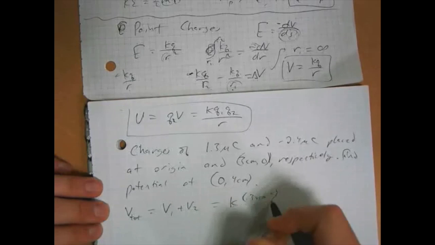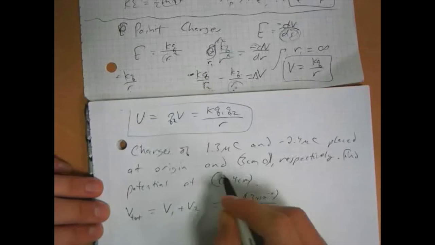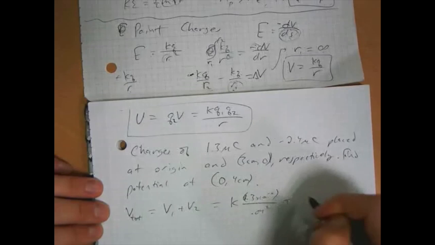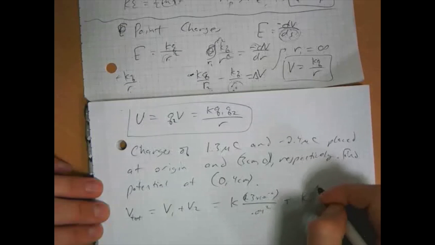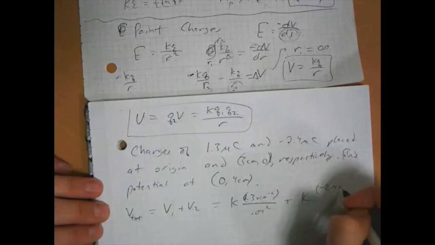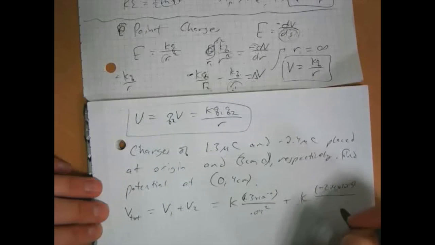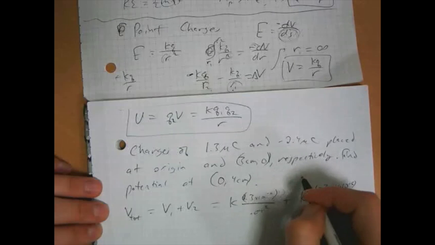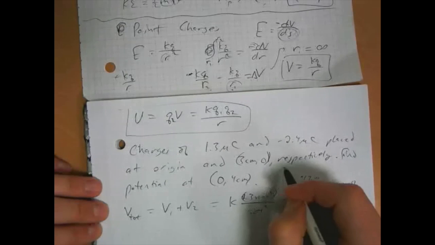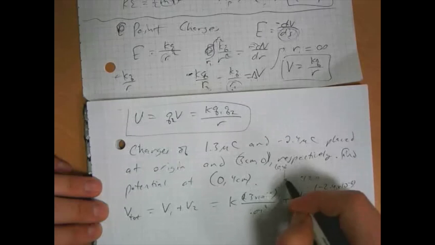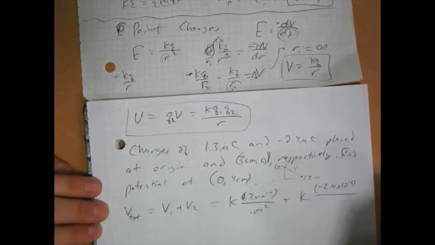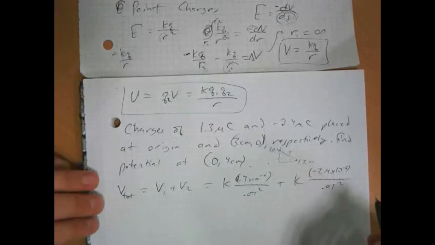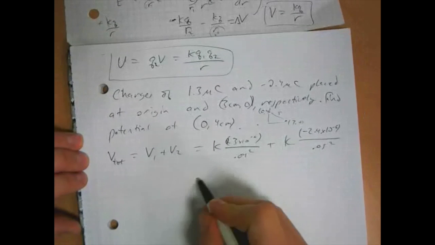It's at the origin, so our r is just 4 centimeters, plus k times minus 2.4 times 10 to the minus 6 over r, but this is from 3, 0 up to 0, 4. Well, this is a 3, 4, 5 triangle, so this hypotenuse is 5. So that's over 0.05. And we can add those up to get our potential.